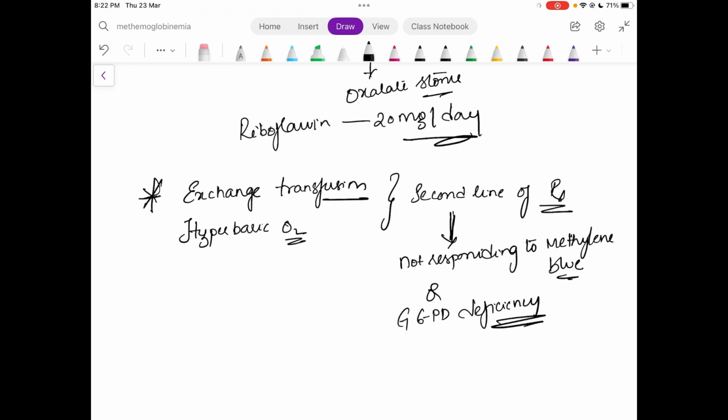You can use hyperbaric oxygen and exchange transfusion. This is about methemoglobinemia.